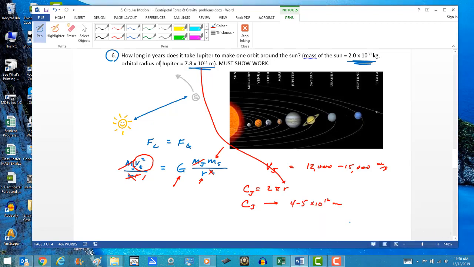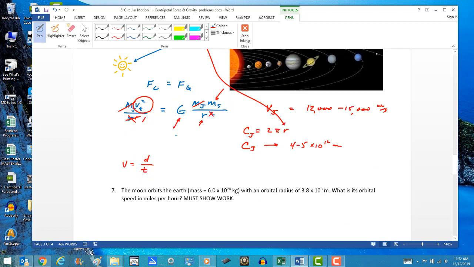And there's a little hint for you there, so you can do a self-check and keep going down the right track. So far, just by setting centripetal force and gravitational force equal to each other, we have magically calculated the orbit of Jupiter. So now the question is asking for the time, the period of Jupiter.